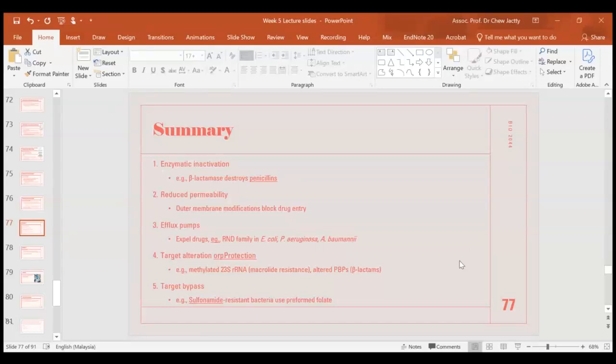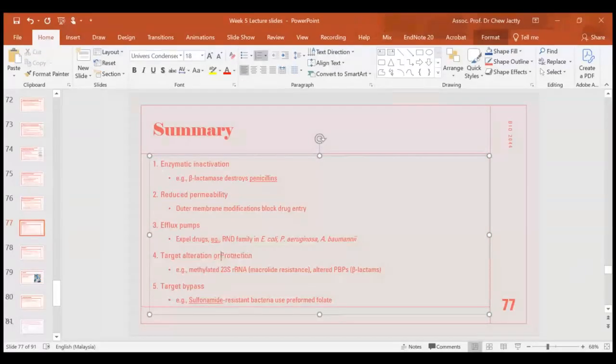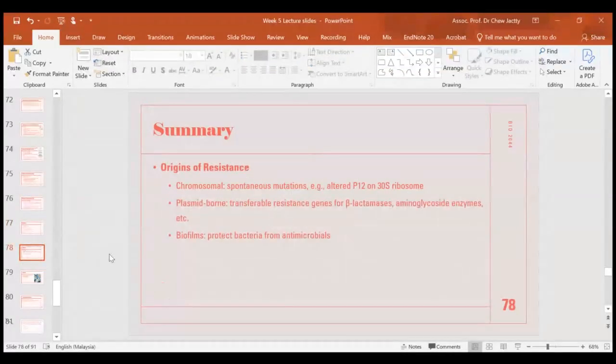They can also use target alteration, protection of the target, or target bypass. So these are the 5 mechanisms. Clear? This is also a summary.